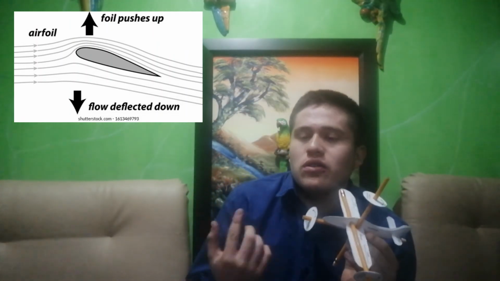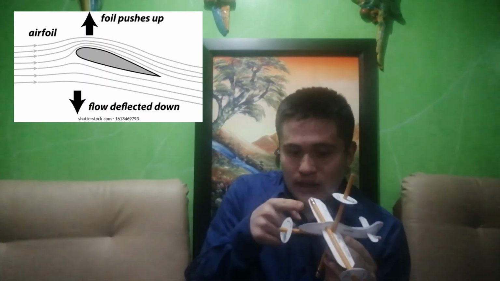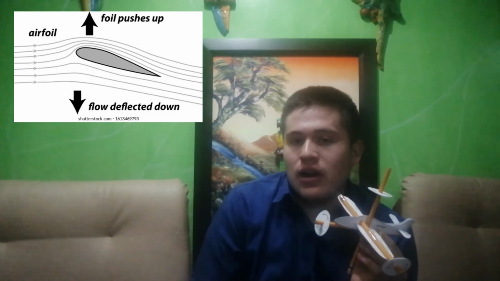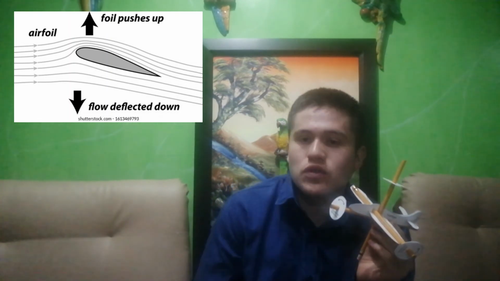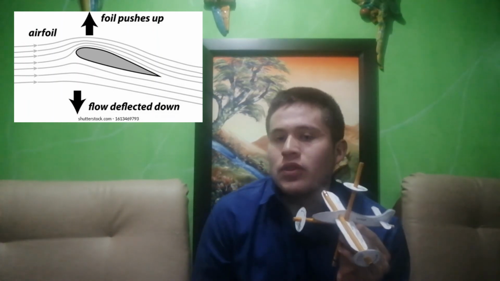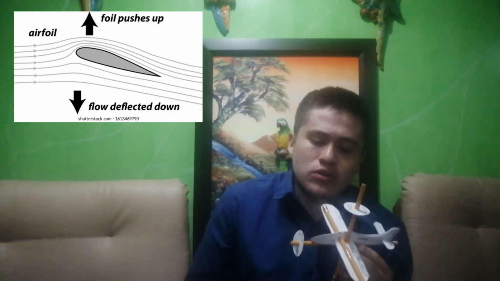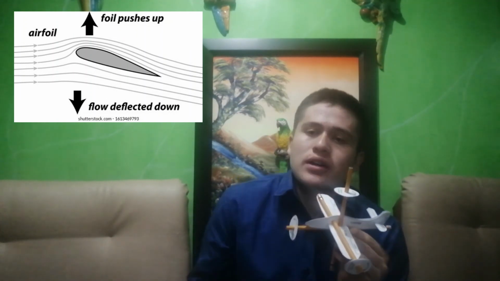For this reason, the angle of attack is controlled by the elevators, and it is useful to create airfoils, because airfoils provide a lot of lift in every kind of aircraft, because they create a low pressure in the upper part and a high pressure in the lower part.